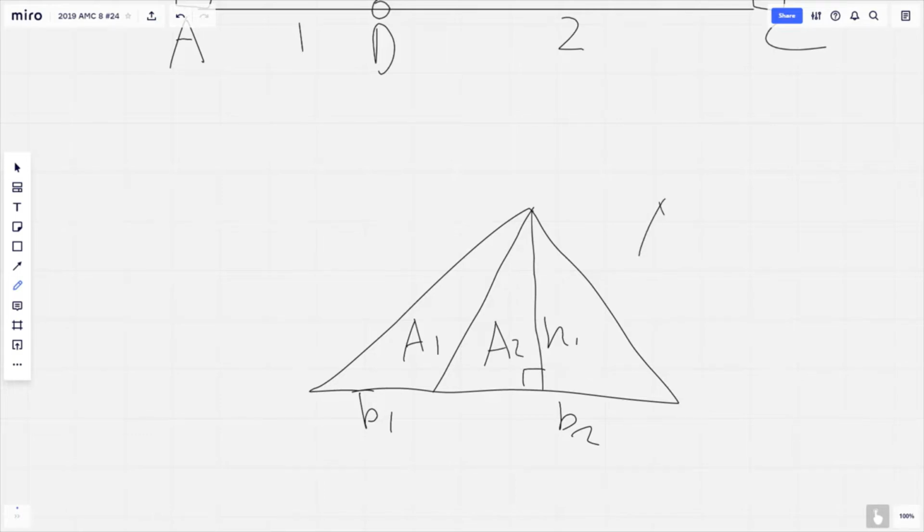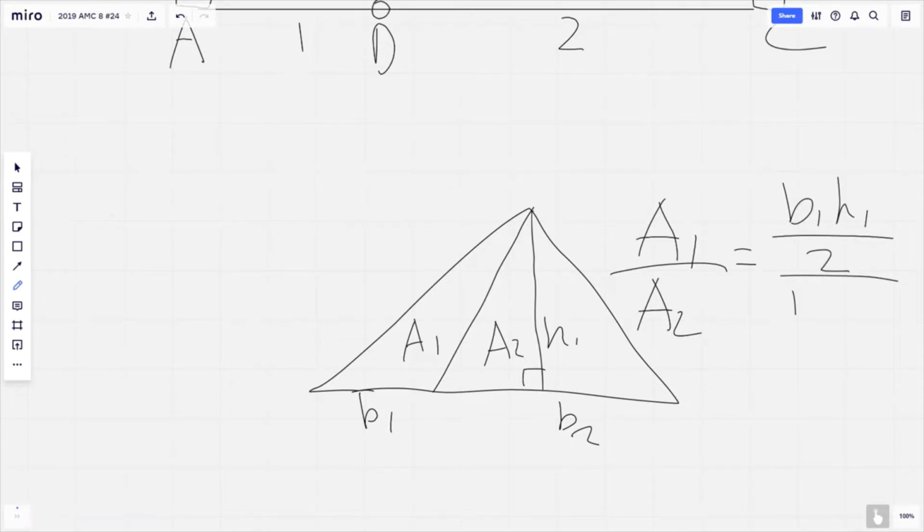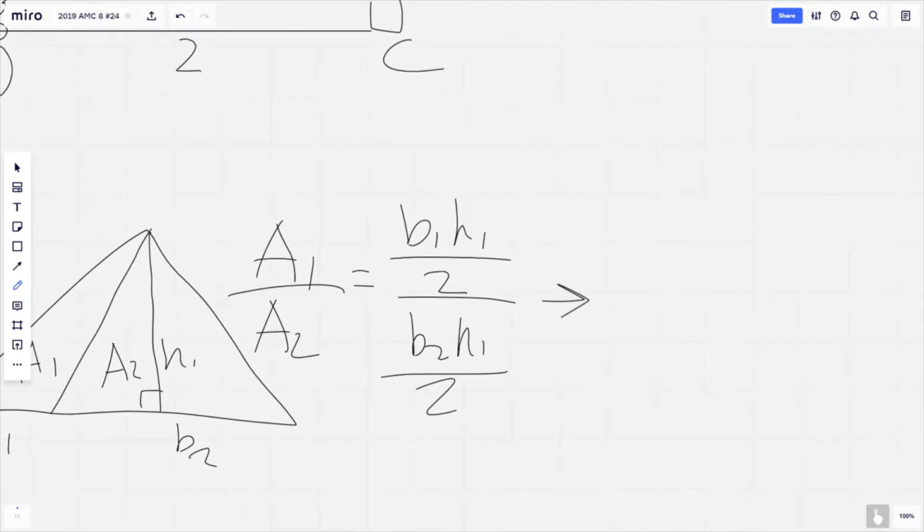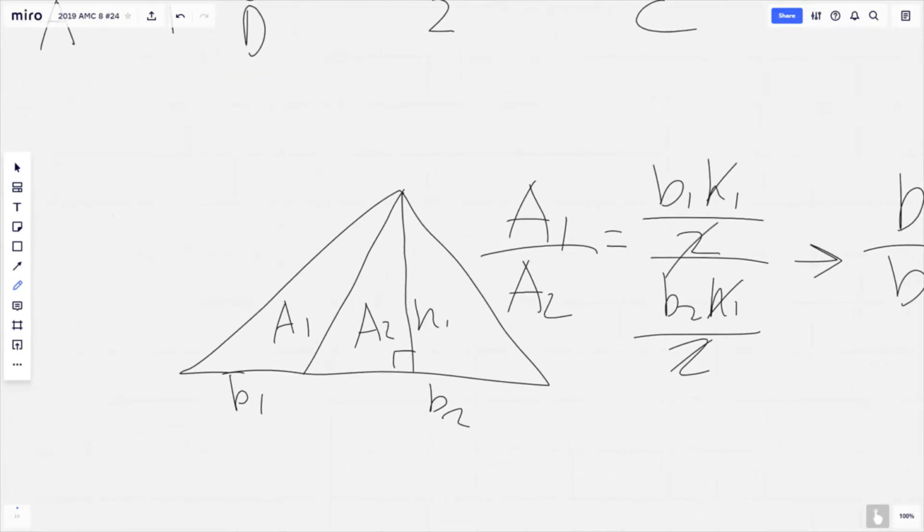The ratio of A1 to A2 is the ratio of their areas, which is simply base 1 times height times 1 over 2, divided by base 2 times height times 1 over 2. If you simplify this, the heights will cancel out and the 1 over 2 will cancel out. And the ratio of the areas is nothing but the ratio of their bases.